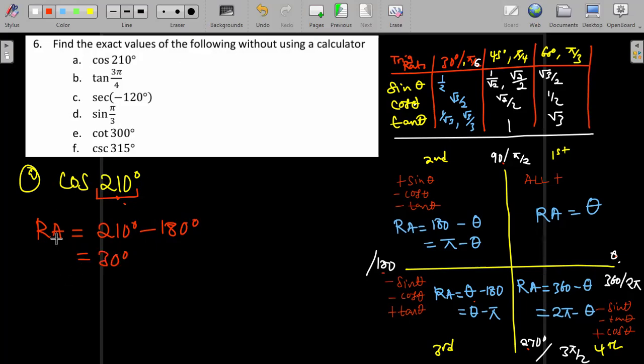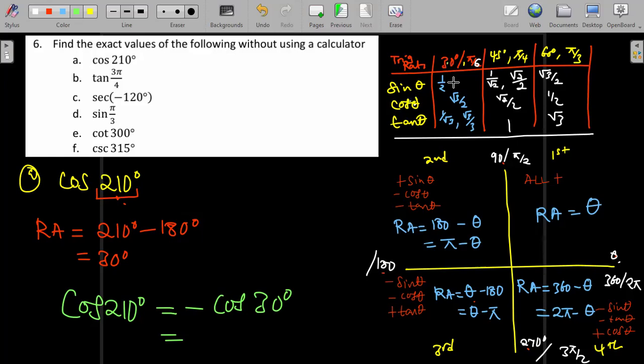Okay, and then we also have to take note of the sign of the cos in the third quadrant. So we said here, cos is what? Negative. Okay, so what this means is cos 210 degrees is equal to minus cos 30 degrees. Okay, but the cos 30 degrees, we know it is a special angle. We can just go to this table.